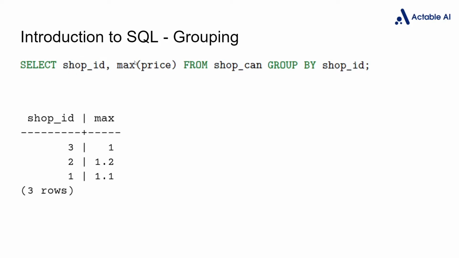We do select shop ID and max price. So this is the aggregate function max from shopcam, sorry, and then we do group by shop ID. Great, and that gives us one row per shop ID with the maximum price. So for the shop ID 3, it's 1, shop ID 2 is 1.2, and 1.1 for the shop ID 1. So this is for the group by.